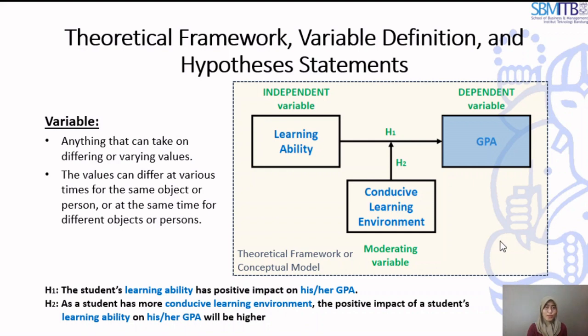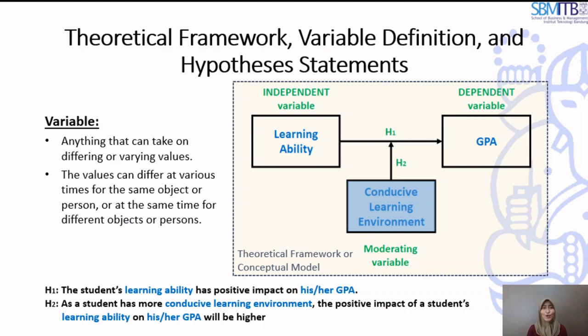Next, learning ability. 2 different people may have different learning abilities. One might be able to understand a certain topic in a short time, while the other cannot. That is the reason why we see learning ability as a variable. And lastly, conducive learning environment.